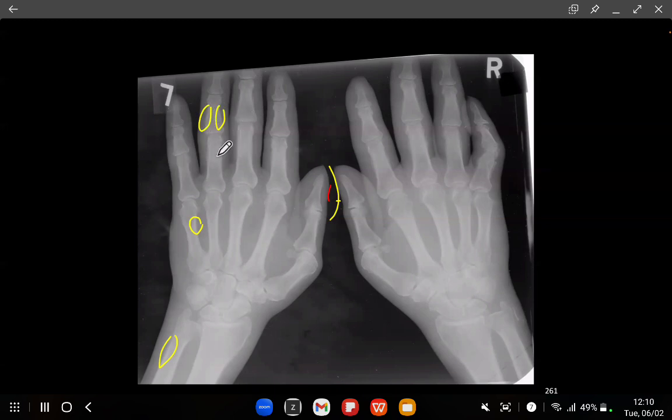Whereas I think with HOA, it would affect the metacarpals more than the phalanges. Whether or not that's a significant distinctive finding, I don't know. And in fact, if anyone knows the answer to that, perhaps they could let us all know. But thyroid acropachy looks very, very similar to HOA.